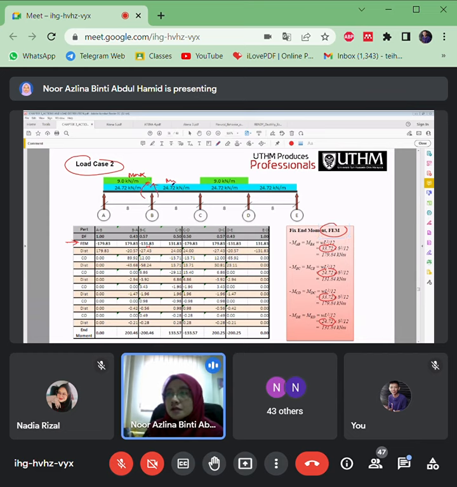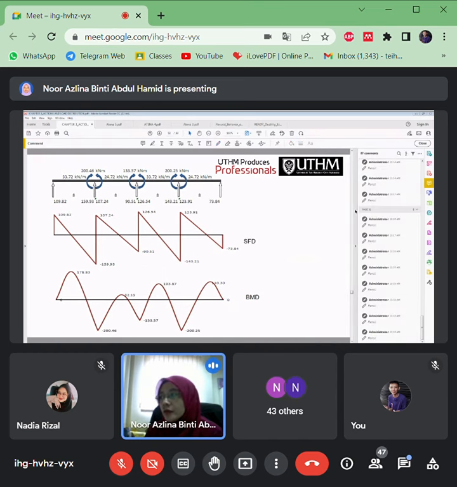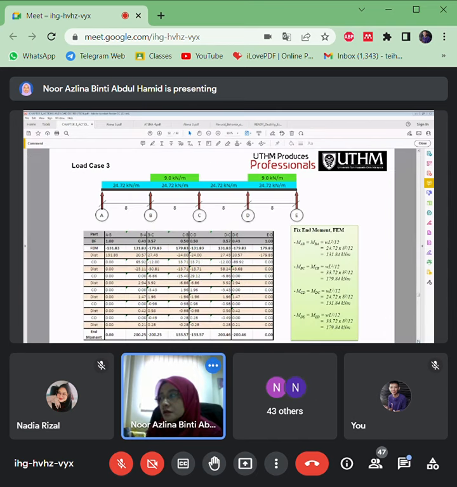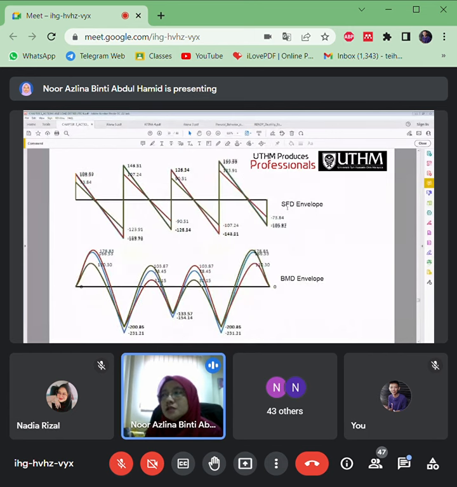Okay, what's the end moment here? From this one, you need to do the cut section by section in order to plot the shear force diagram. Same goes for other load cases. Okay, load case 3 is the same. At the end, you will come out with this kind of envelopes.